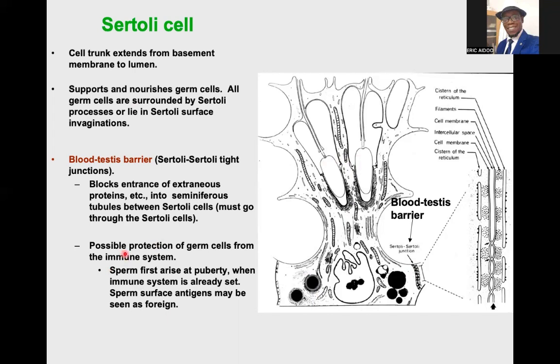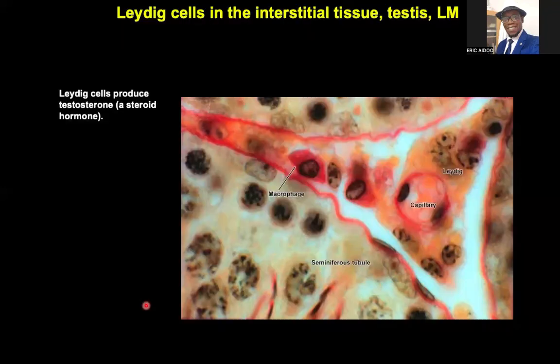This is to prevent antigen-antibody reactions, because sperm arise around puberty, by which time the immune system is already set. Any new thing that comes might be seen as foreign, and the body will fight against it. So the Sertoli cells protect these developing sperm from the immune system. Sperm surface antigens may be seen as foreign if they are not protected.